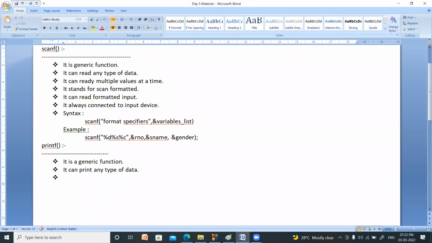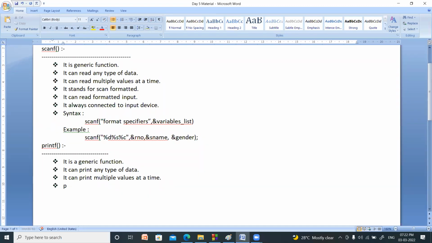At a time, you can print multiple values also. It can print multiple values at a time.